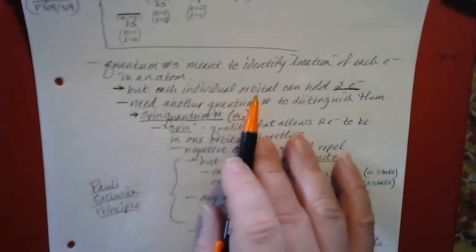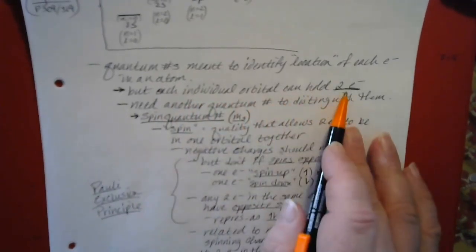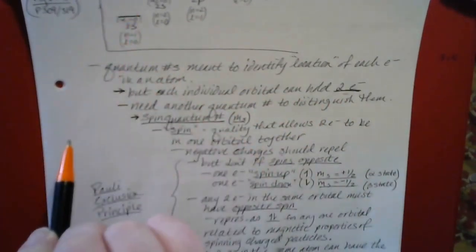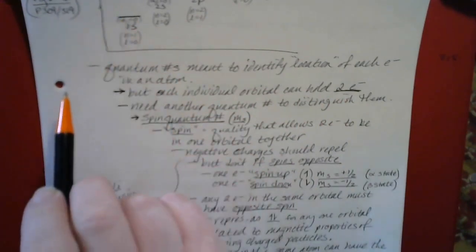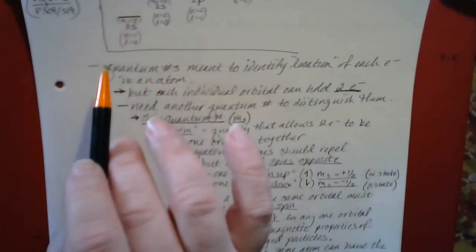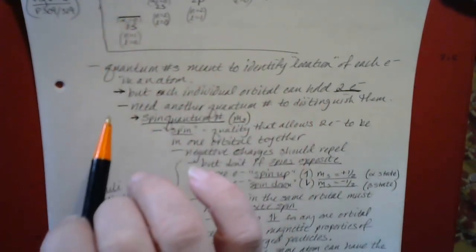But a little complication comes up in the fact that each individual orbital can hold up to 2 electrons. So that means this 1s orbital here, you can fit 2 electrons in there. With the quantum numbers we've had so far, we have no way of distinguishing those 2 electrons from each other if they're in the same orbital.